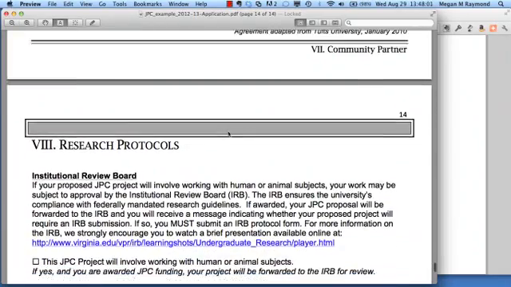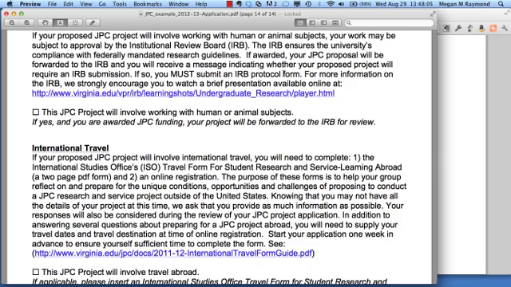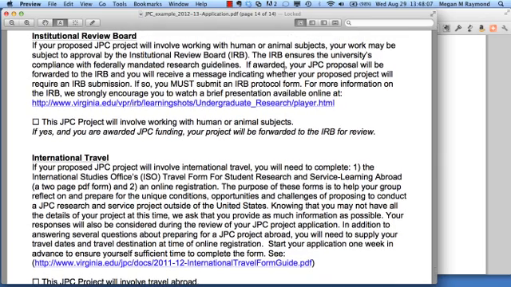I think we're almost at the end of the application form. It's pretty involved, but all of it's necessary. Just some discussion here about the Institutional Review Board. We talked about that again in another video, but it's important to realize that if your project is going to conduct research with human subjects, then you'll have to comply with federally mandated research guidelines, and that's coordinated through the Institutional Review Board office.